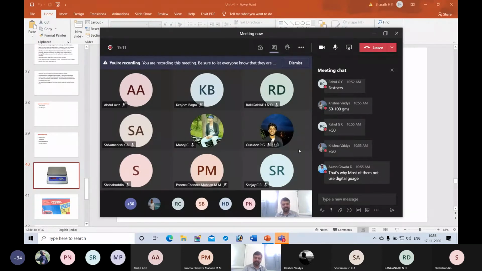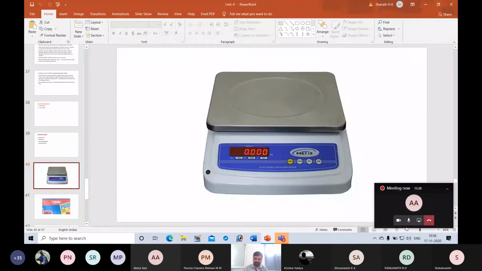It may be 1 kg 10 grams, 1 kg 15, 1 kg 20, 1 kg 50 grams sometimes. So unknowingly there is a tolerance limit, which in this case is specified by the profit margin of the seller. You will consider his profit margin in mind, so even if it is not exactly 1 kg, somehow we can manage. That is one example.